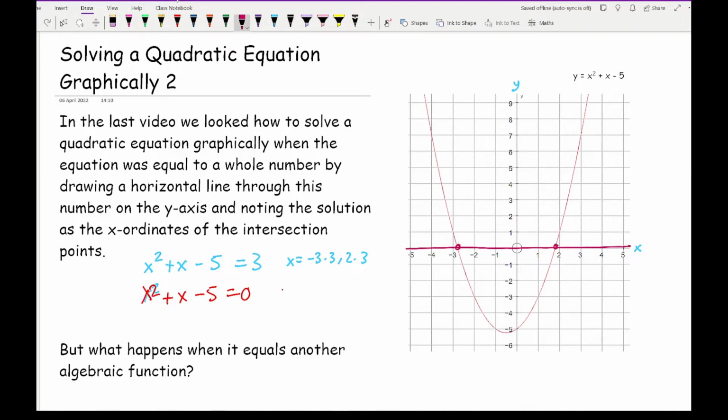So that would be, I would say, x equals minus 2.9, let's say, and the second value would be, let's say, 1.9. And if I had x squared plus x minus 5 equals minus 3, let's say, then I'd be drawing a horizontal line through minus 3, and I'd be looking for x equals minus 2 and x equals 1. It's nice whole numbers there.